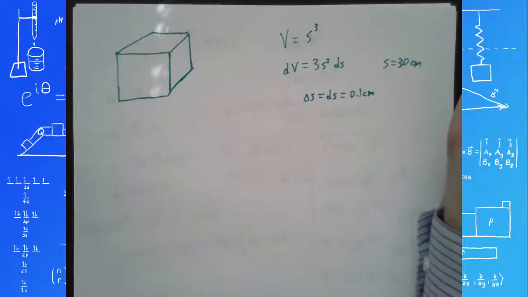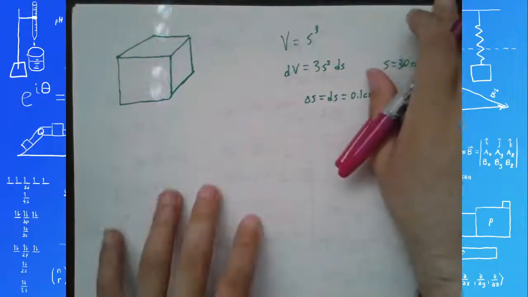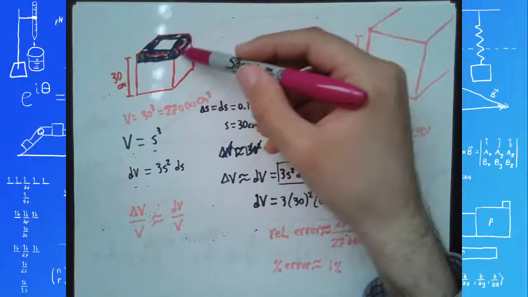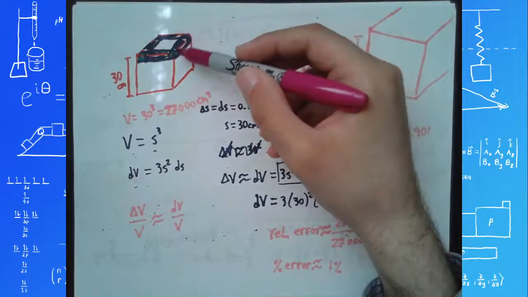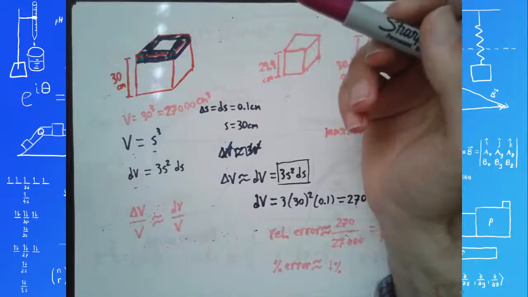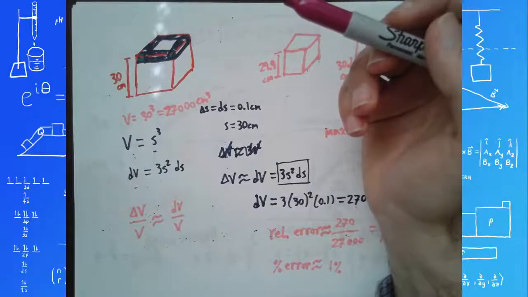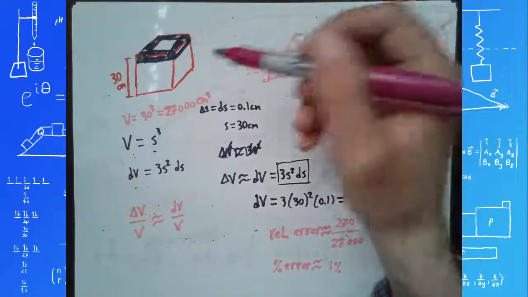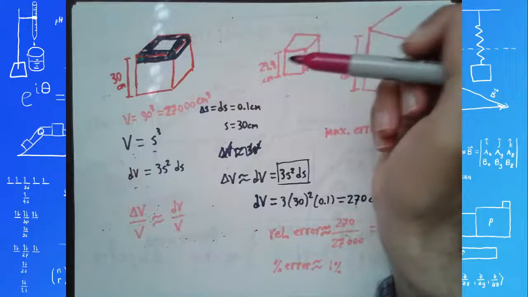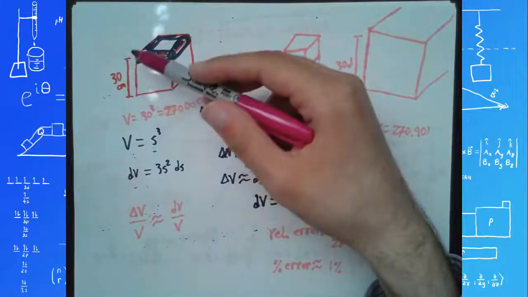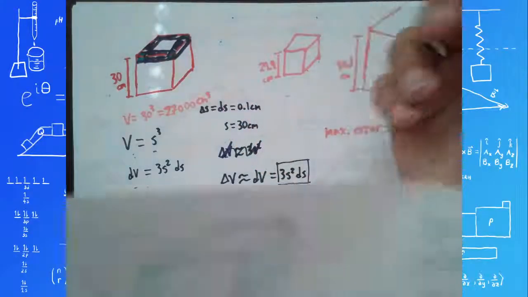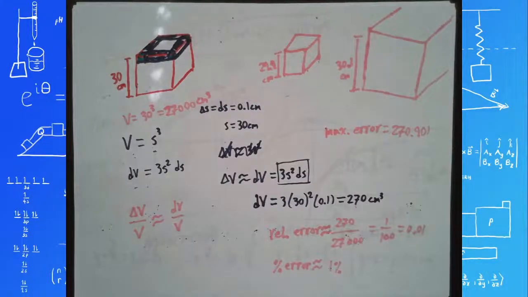The example I was doing when I was trying to explain this last time was calculating what you subtract from the cube if you assumed that the length of the edge was overestimated, that it's actually too high by 0.1 centimeters.